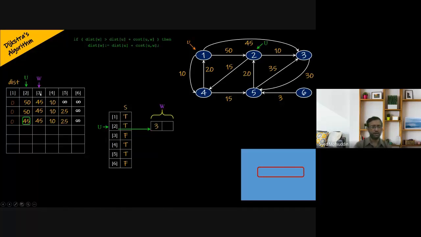So let us consider 3 as the vertex W, and we will perform the relaxation technique. We check whether distance of 3 is greater than distance of 2 plus cost of 2 comma 3. Distance of 3 is 45, which is greater than distance of 2, which is 45, plus cost of 2 to 3, which is 10? That is false.